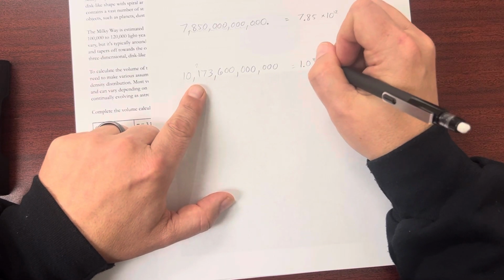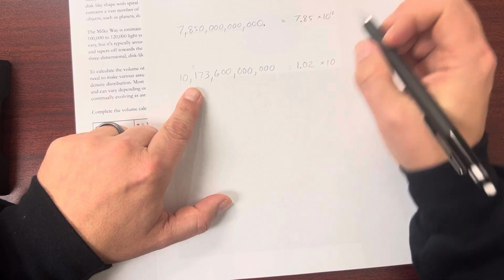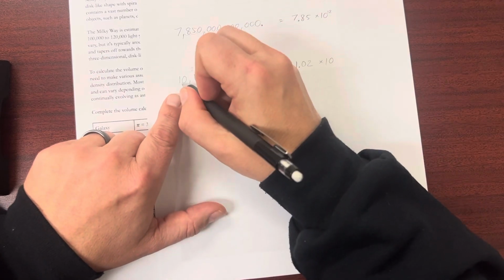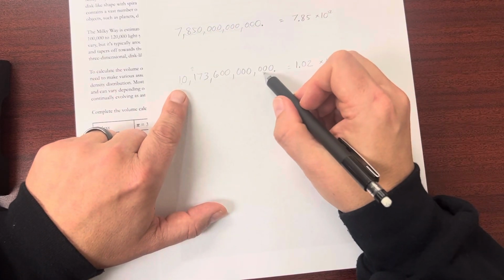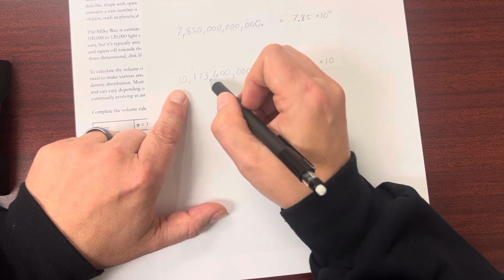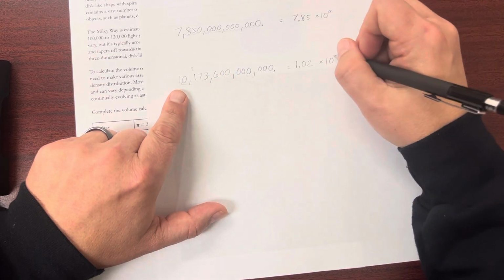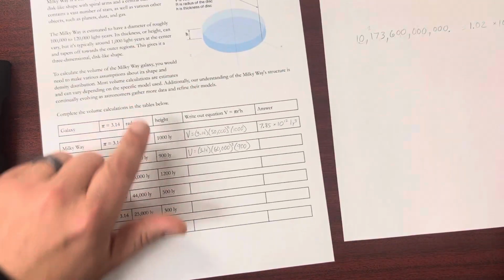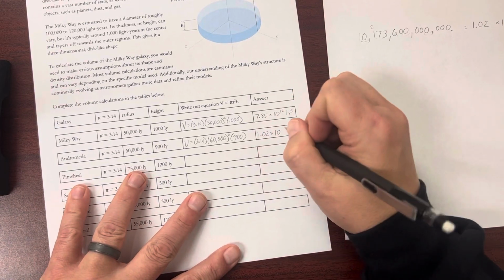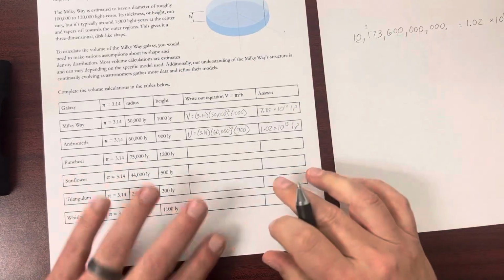So 1.02 times 10 to the what? Well, I got to count my decimals. Again, I start here. I'm going to end there. 1, 2, 3, 4, 5, 6, 7, 8, 9, 10, 11, 12, 13. So my final answer, 1.02 times 10 to the 13 light years cubed.